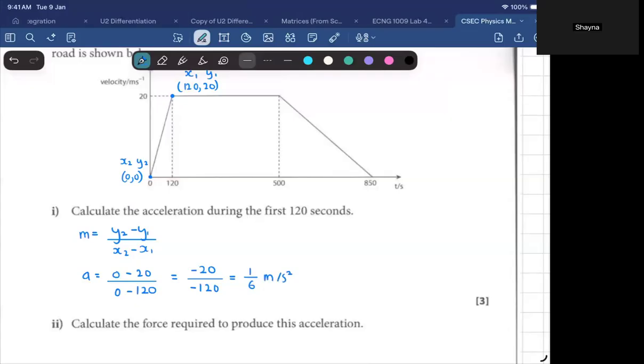So what's 1 over 6 to two decimal places? That'd be 0.17, right? Right, so that's the answer there. Great.